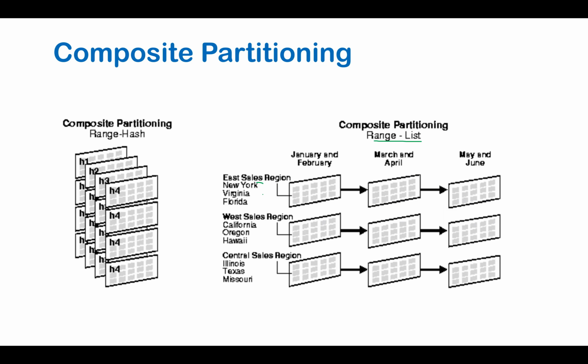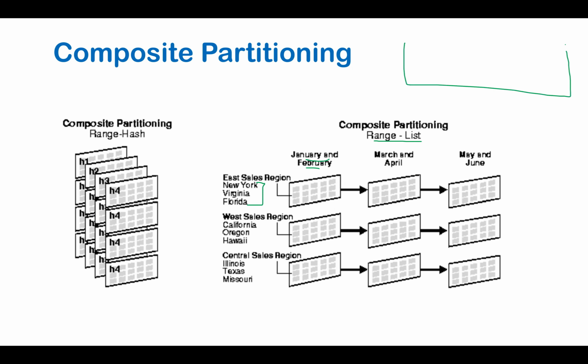So this is the list partition, and within this list, if I have data based on January and February, it will store here. That means narrowing down one more time, right?